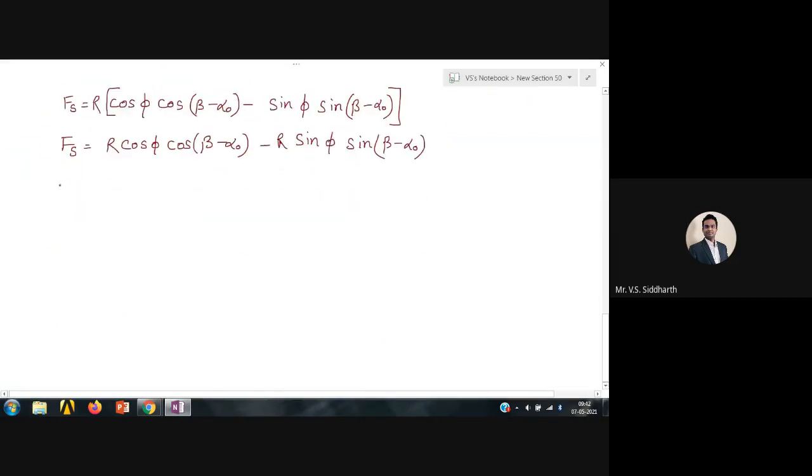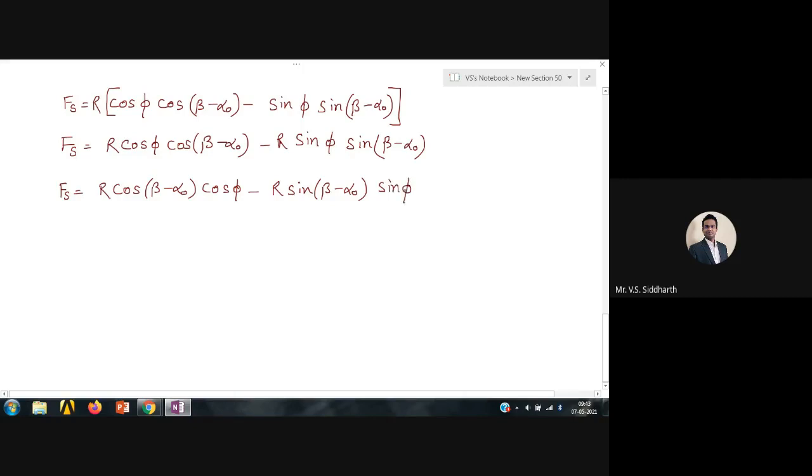Now I will just rearrange the terms, something like R cos(beta minus alpha naught) into cos phi minus R sin(beta minus alpha naught) into sin phi.